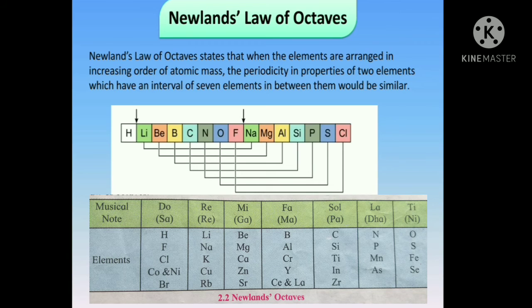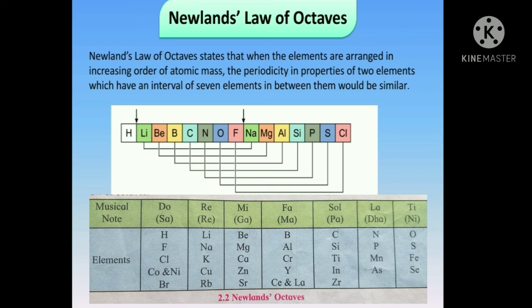Lithium and sodium come under Re. Beryllium and magnesium come under Ga. Boron and aluminium come under Ma. Carbon and silicon together under Pa. Nitrogen and phosphorus under Dha, and oxygen and sulfur under Ni.